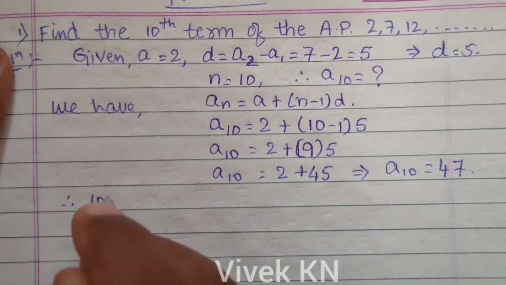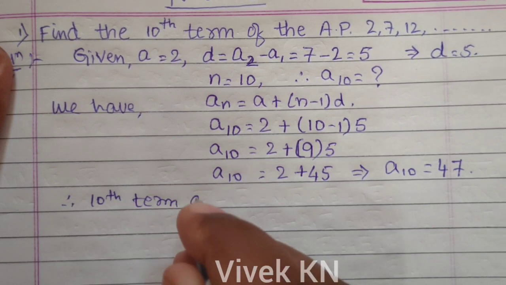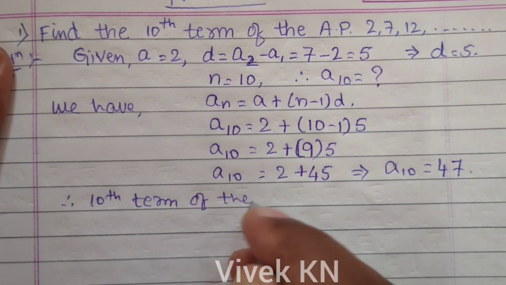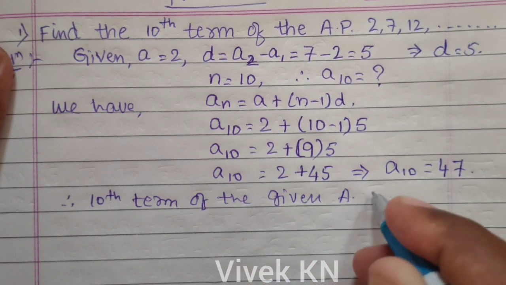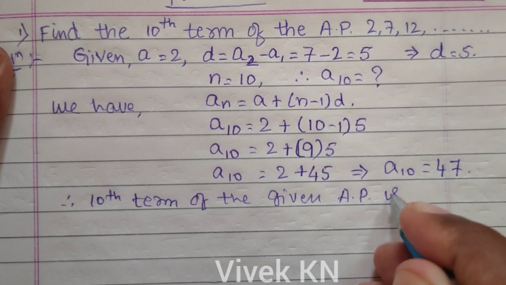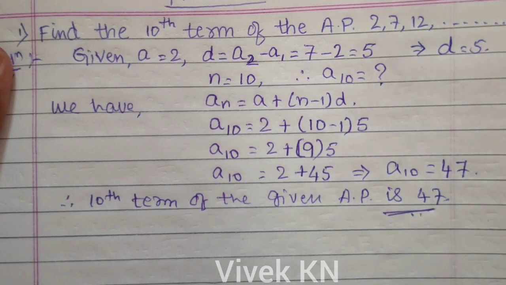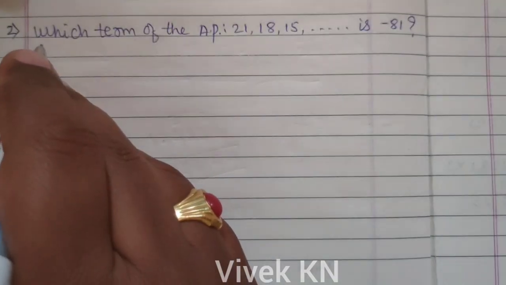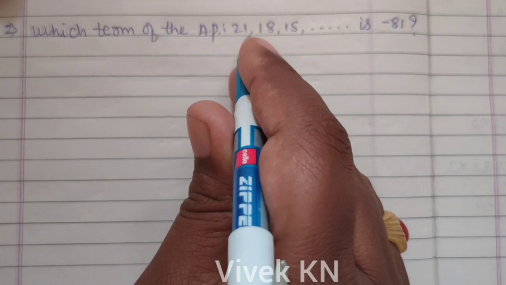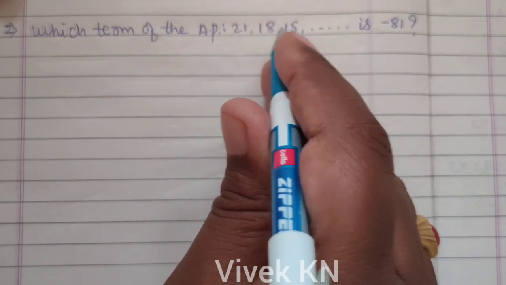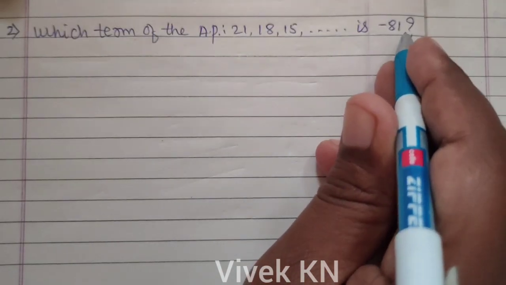Therefore the tenth term of the given arithmetic progression is 47. Second question, which term of the arithmetic progression 21, 18, 15, and so on is minus 81?